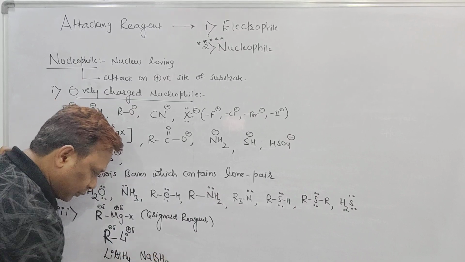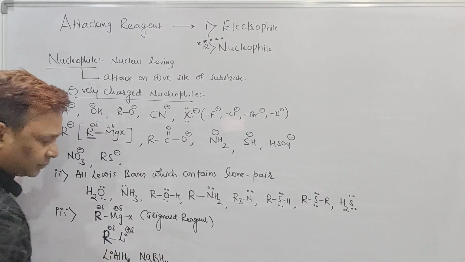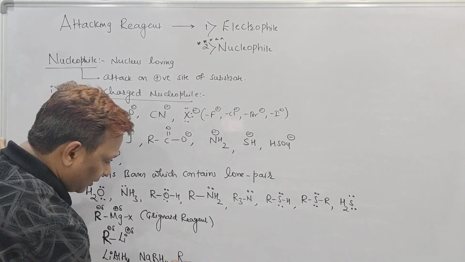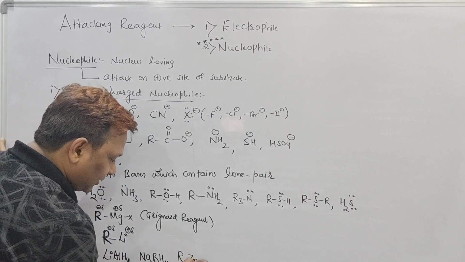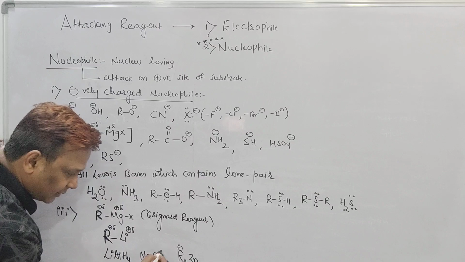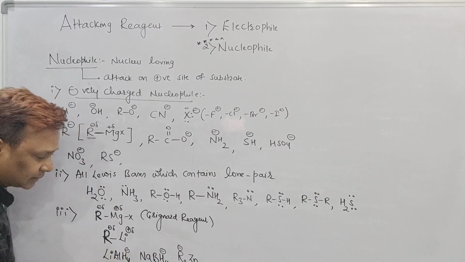Sodium borohydride can provide H negative. Lithium aluminum hydride can provide H negative. We can use one more reagent called R2Zn, in which I get R as negatively charged. In NaBH4, H is negatively charged. In LiAlH4, H is negatively charged.